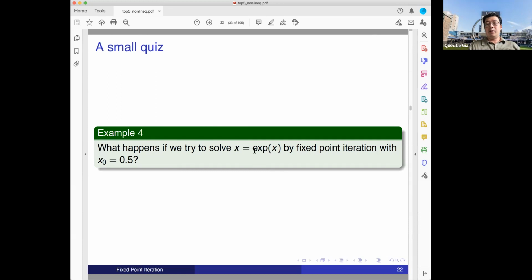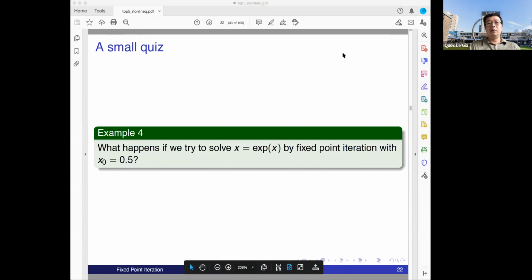You can try to put it in MATLAB or a calculator. If you have e to the x, it just gets bigger, right? Maybe let me try to write down a simple MATLAB script.